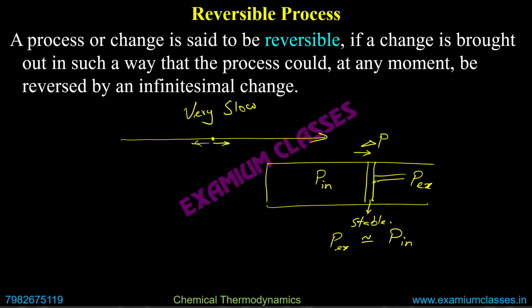Because it is infinitesimally small, instead of writing delta P, usually we write lowercase dP, to show that it is a continuous process. If you have done integration and differentiation, you should know this, or if not, you will do it in math. So in this case, at any point of time, you don't know in which direction the reaction is moving, and the direction can be changed by a slight change in the conditions, in this case a slight change in pressure. Then it is known as a reversible process.